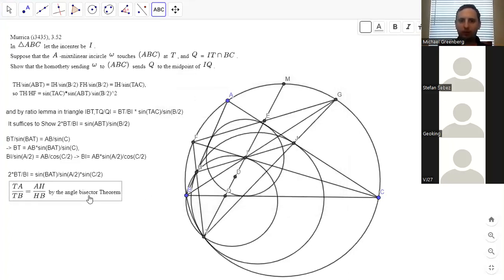So there's got to be a way to do that because sine A over 2 is HI over AH, and sine B over 2 is, yeah.